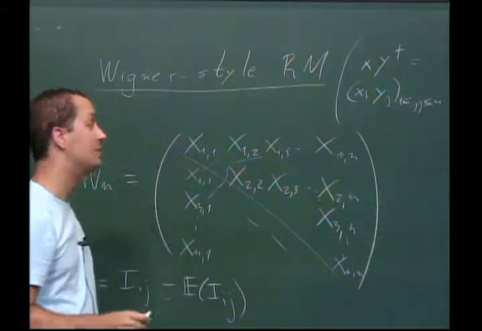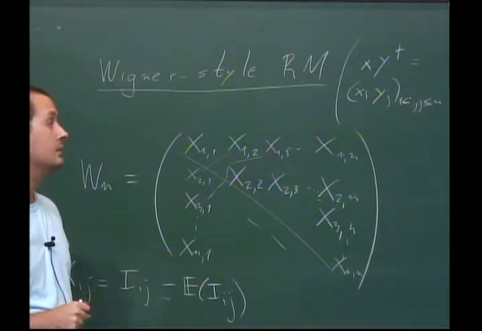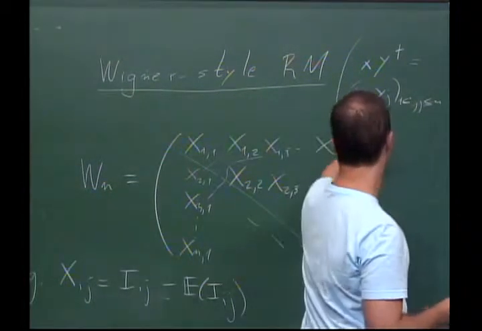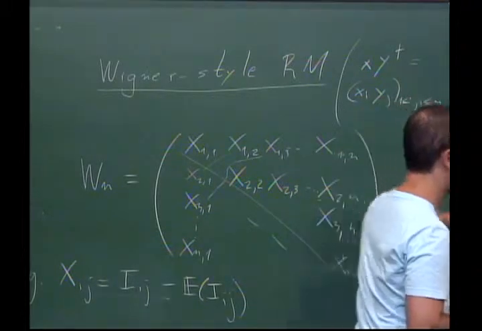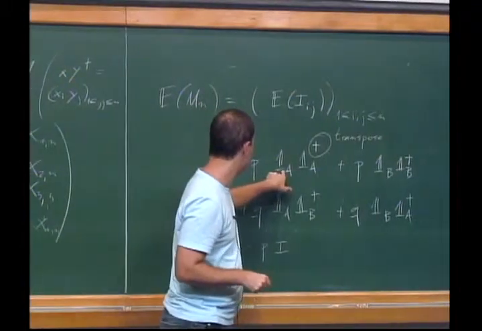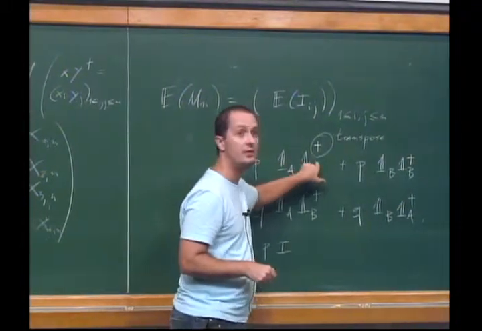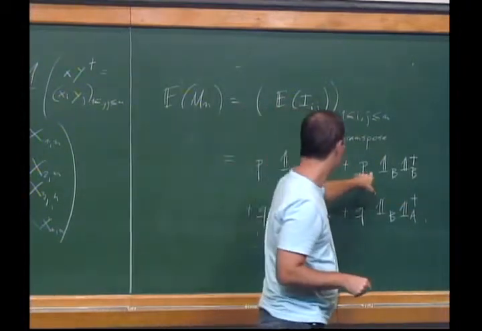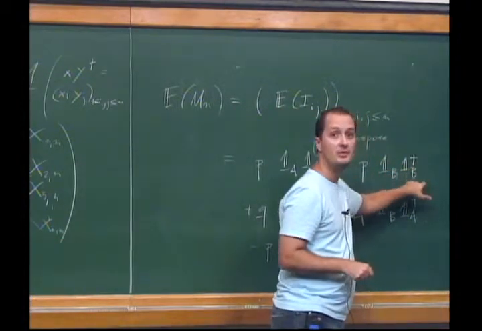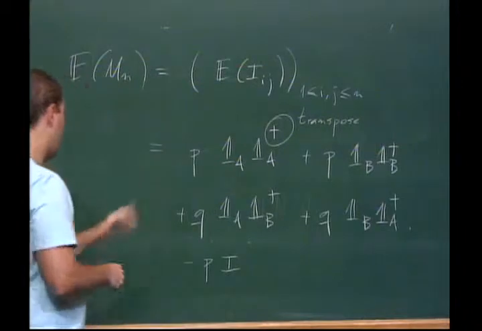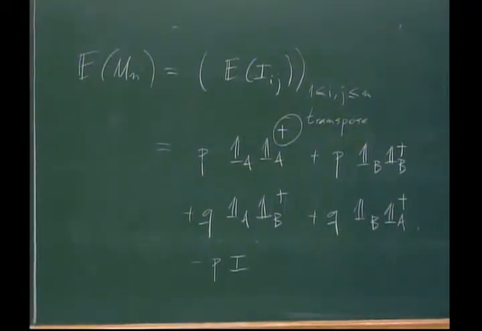This is exactly what the matrix looks like, right? So if you plug in i and j here, you're going to get P times indicator of A at i, indicator of A at j, and then P, indicator of B at i, indicator of B at j, and you can go on and just check that we have the same expression as here.